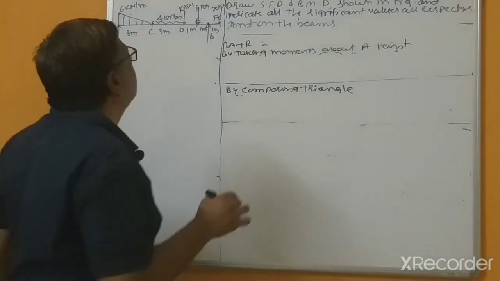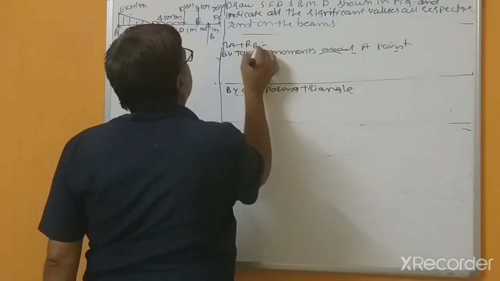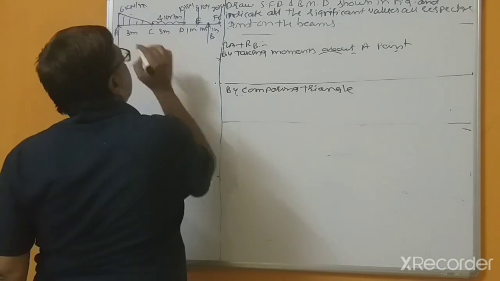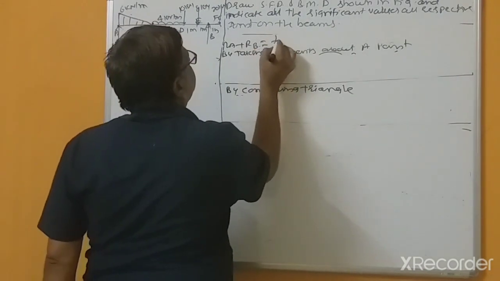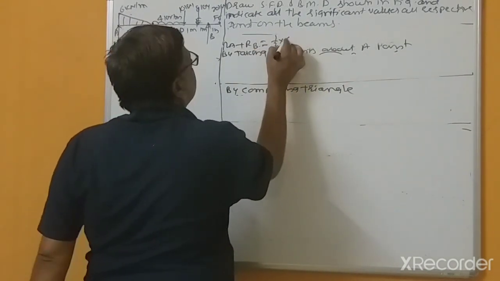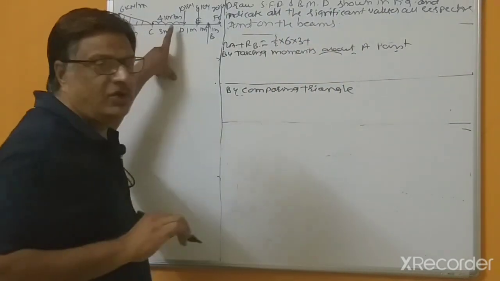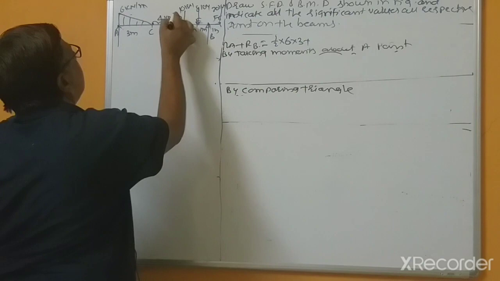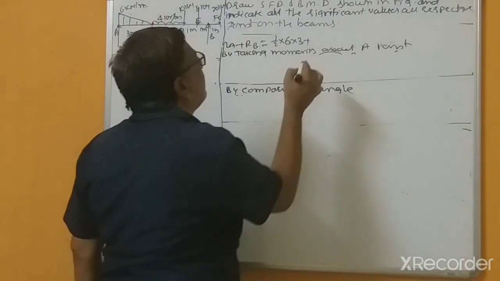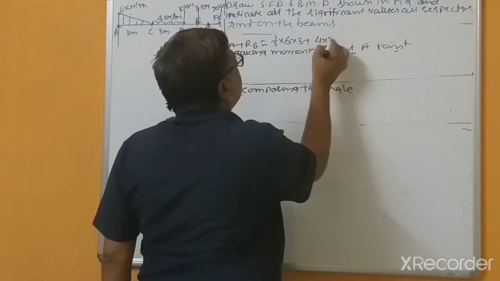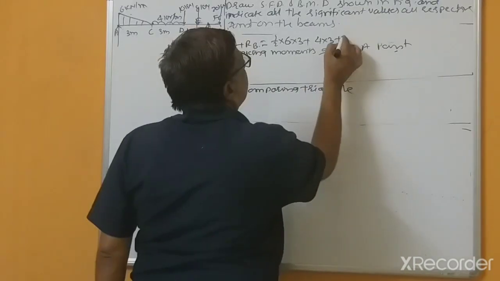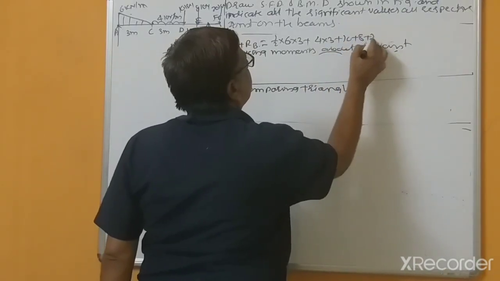So that's why here RA plus RB equal to half into 6 into 3 plus uniform distributed load 4 kilonewton per meter multiplied by 3, 4 multiplied by 3 plus 10 plus 8 plus 20.